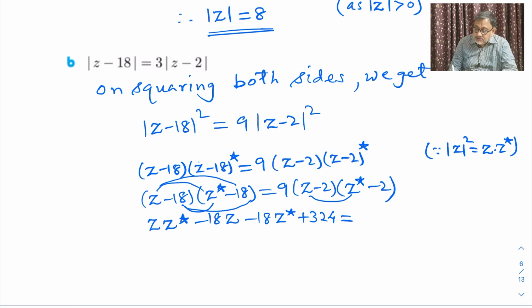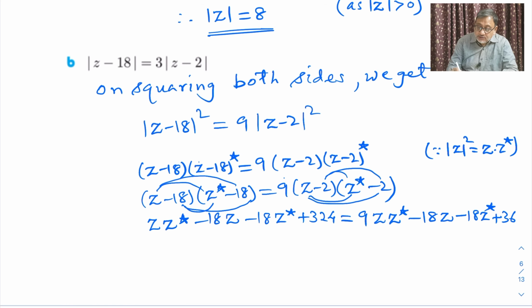Now this will be 9z into z conjugate, 9 is out here. Then z into minus 2 is minus 2z multiplied by 9, so minus 18z. Then minus 2 into z conjugate is minus 2z conjugate multiplied by 9, minus 18z conjugate, and plus 4 multiplied by 9, 36. Okay. Now look here. The like terms on both the sides will get cancelled.